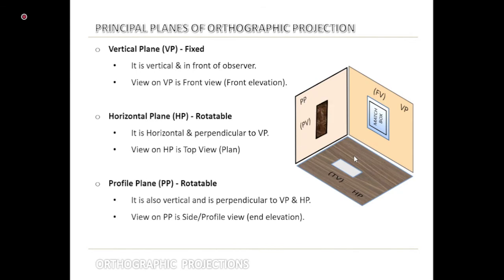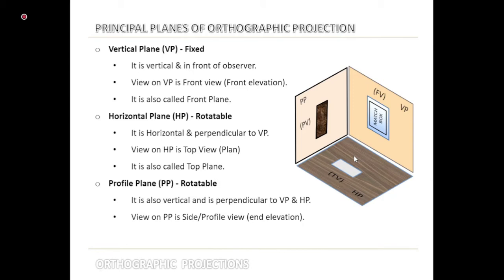Now we all know this, that these were the three views. We have drawn the front view, also called front elevation. We have drawn the top view on the horizontal plane, and then we have drawn the side or profile view on the profile plane. And there are different nomenclatures.